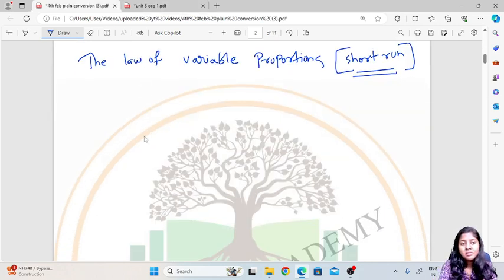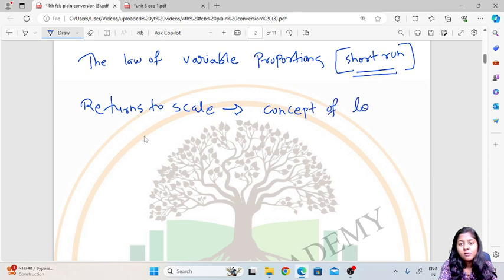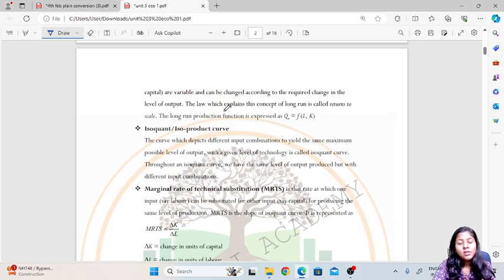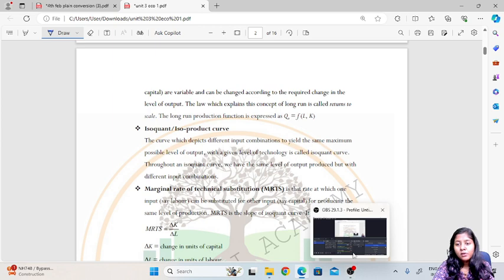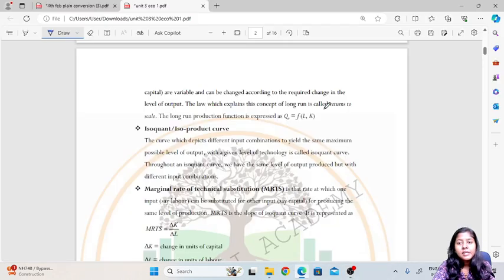So the returns to scale concept explains the long run. The long run production function is expressed as Q = f(L, K), labor and capital.